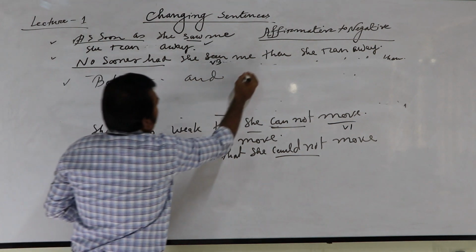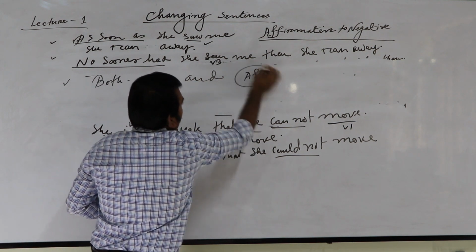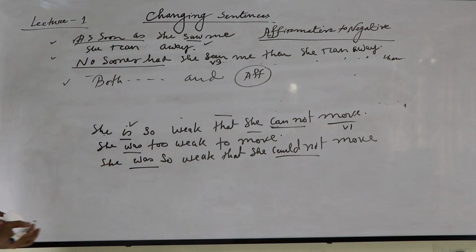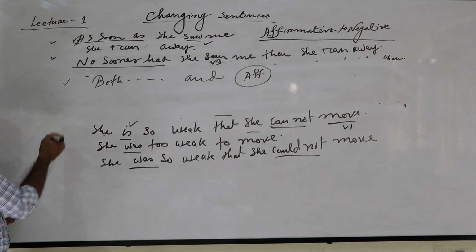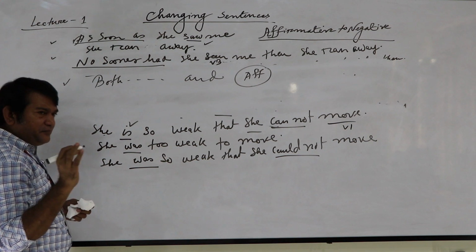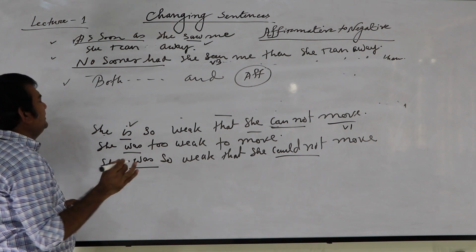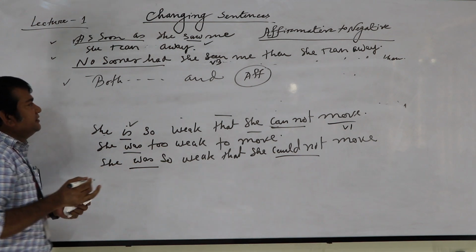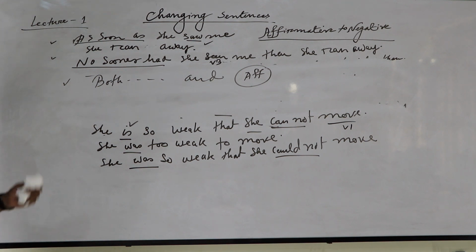This is affirmative, and then if there is indication or mention on the question paper, this kind of sentence having both and and, this is affirmative sentence definitely. Then how will you change this kind of sentence into negative?